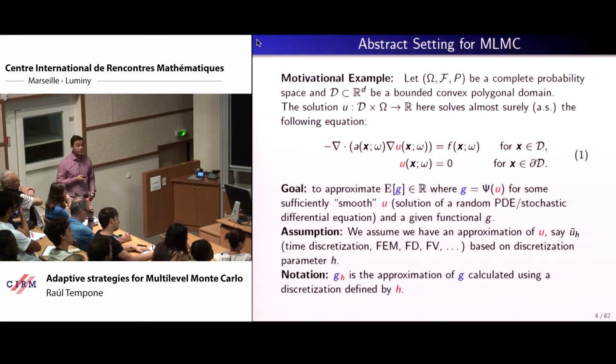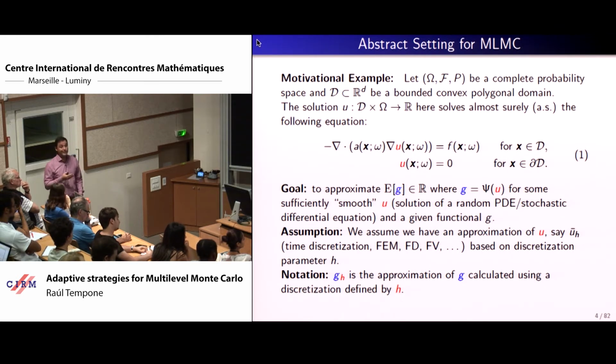All right? So H will govern the solution in 2 aspects. One will be the approximation characteristic of U_H to U, but at the same time, the cost of evaluating U_H, with the assumption, of course, of consistency, meaning that when H goes to 0, U_H converges in the proper space to U, and at the same time, the cost of evaluating U_H goes to infinity.